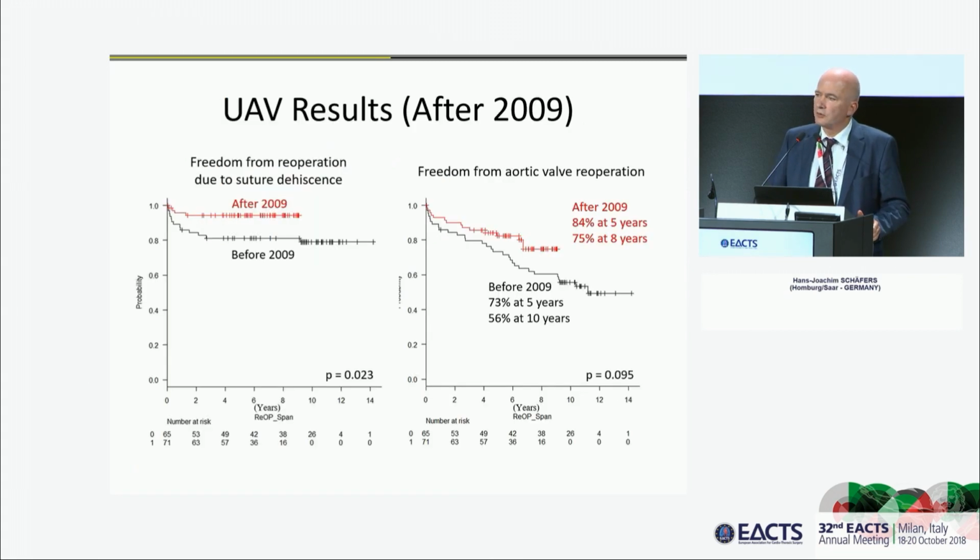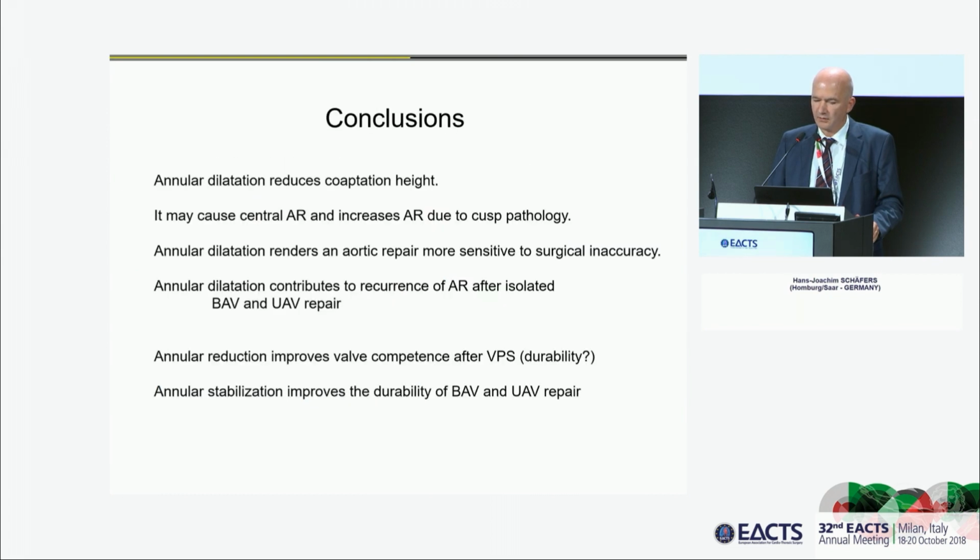And I would like to show you a very recent analysis, which is as yet unpublished. Dr. Matsushima from my team, from Kobe, and currently my team, is just working on the results. This is unicuspid repairs, where we could see after introducing annuloplasty for patients with a large annulus, we could significantly improve durability of the repair.